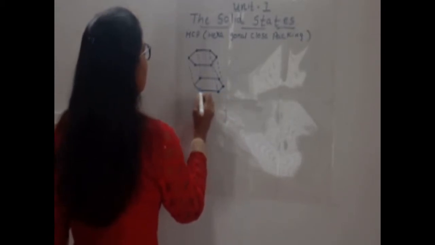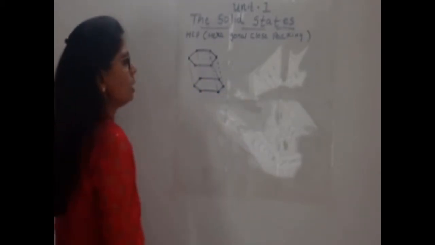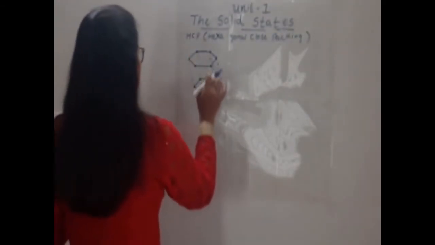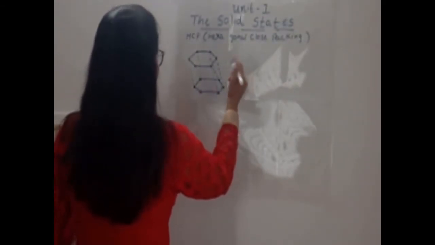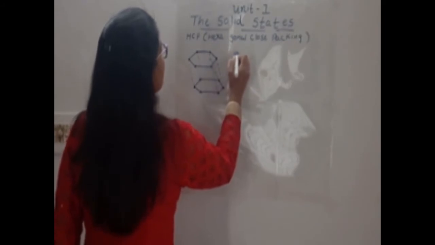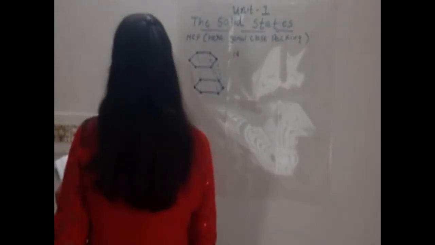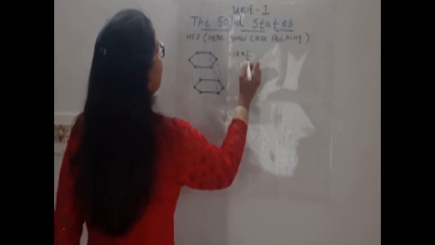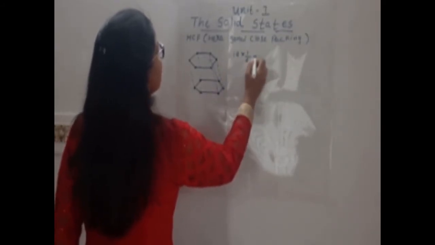So here we are with the 6 unit cells. So the total number of unit cells, you can say there are 6 on the upper layer and 6 on the downward layer. So total 12. This 12 is divided by 1 by 6.